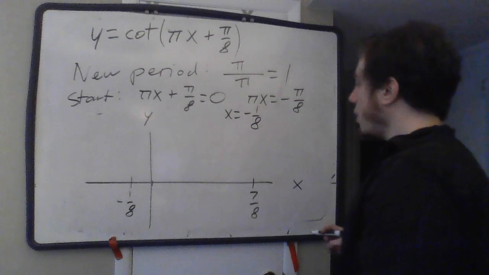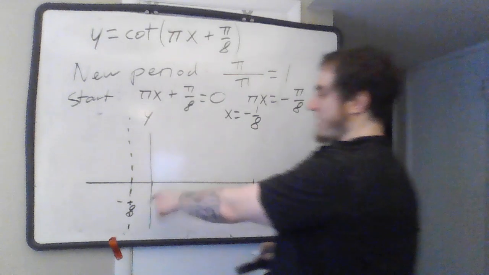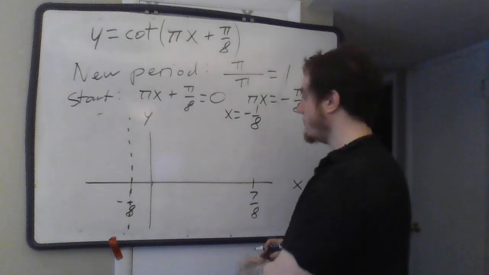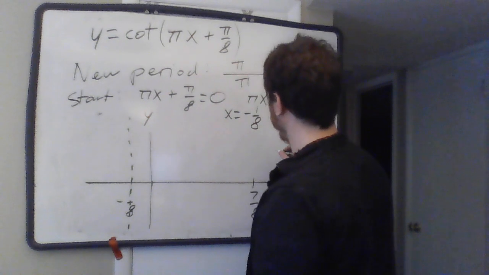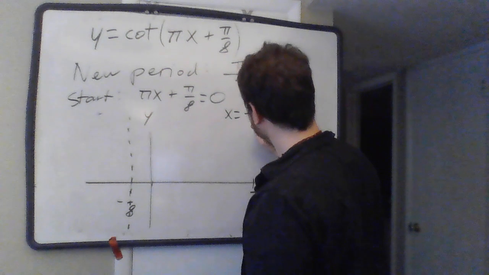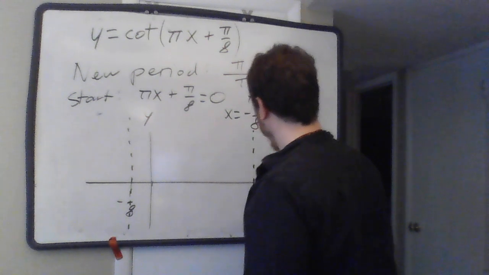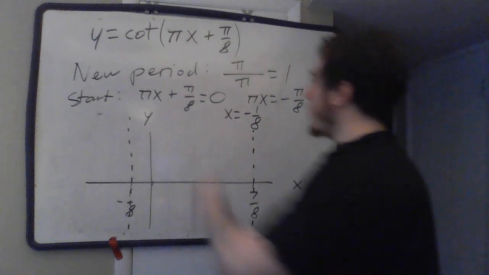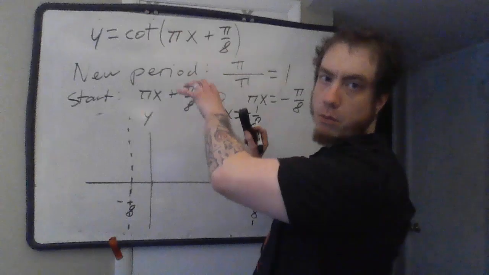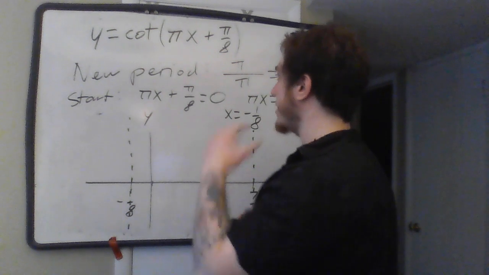Okay, now what I know about cotangent. Well, at the origin, it would normally have a vertical asymptote. So that vertical asymptote is now at negative 1/8. And it would also have a vertical asymptote at the other end here at 7/8. So remember that, if we go back to thinking about what we just did, the cotangent is the x value divided by the y value.